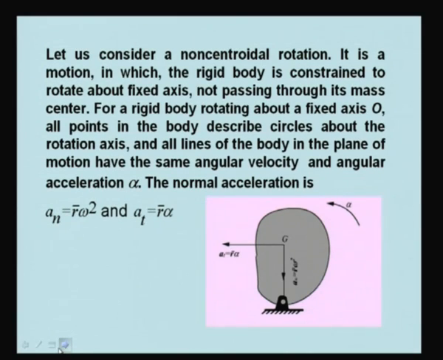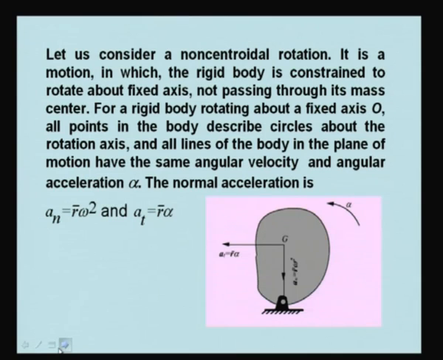Now we consider non-centroidal rotation, that means assume that O is not the center of mass. In non-centroidal rotation, a rigid body is constrained to rotate about a fixed axis not passing through the mass center.